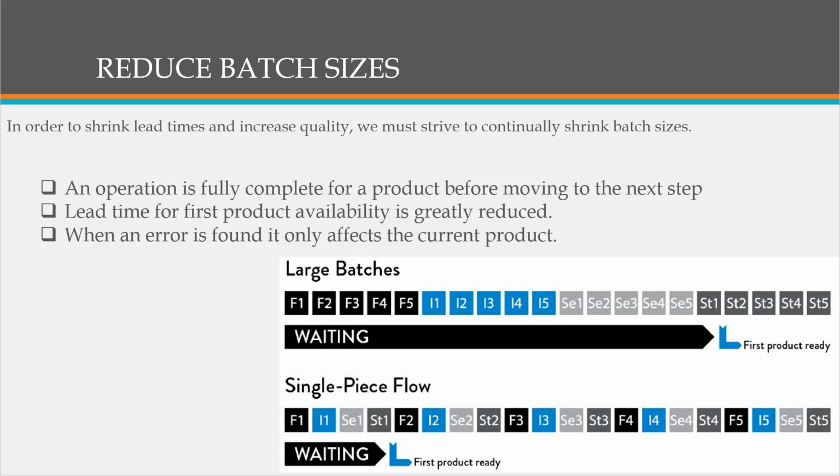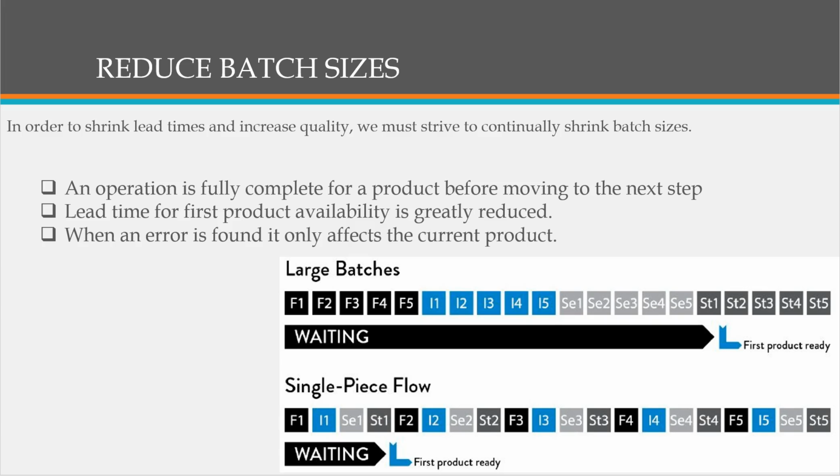And as you can see on this graph here, if you do several pieces at once in each step, you don't end up having a first product ready until much later in the process.